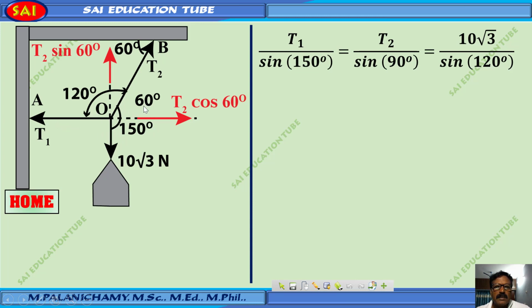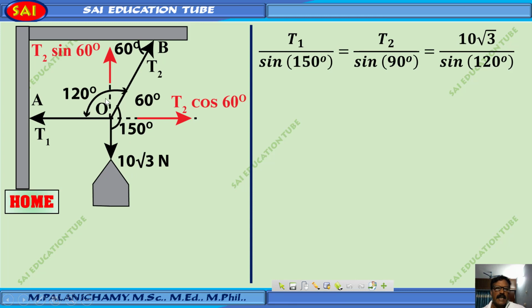Therefore, T1 by sine 150 is equal to T2 by the sine of the opposite angle, this is 90 degrees, therefore T2 by sine 90, which is equal to the third force 10 root 3 by sine of this angle, 120 degrees.